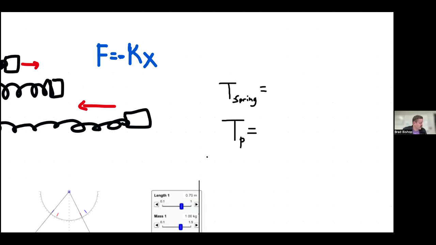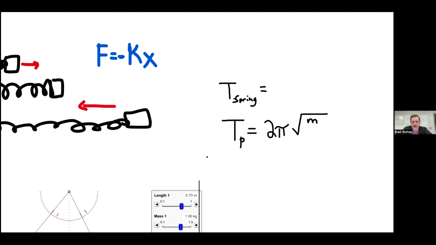And so what is our equation here for period of a pendulum? Well, it's really simple. The equation is going to be 2 pi times the square root of the mass. So, oh, whoops, I have that mixed up.